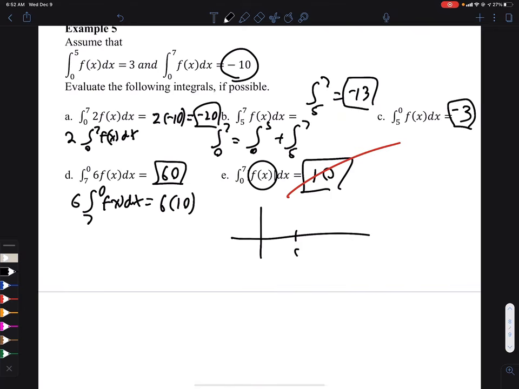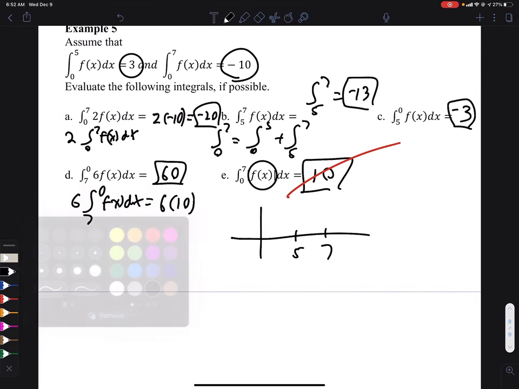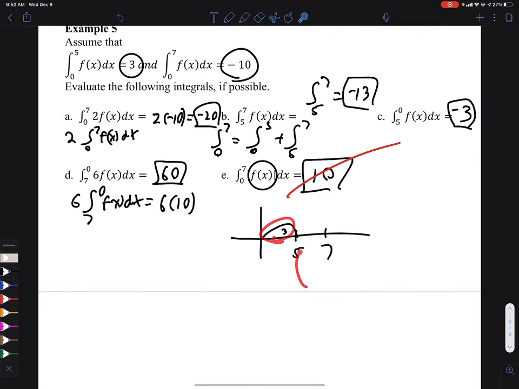Here is 5. Here is 7. So it looks like the area above is 3, right? From 0 to 5. So you might assume it's going to have an area of 3 here. And then 0 to 7 is negative 10. So that means if this is 3, this must be negative 13, right?